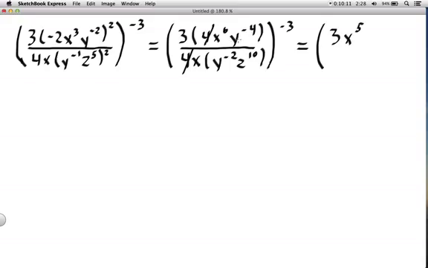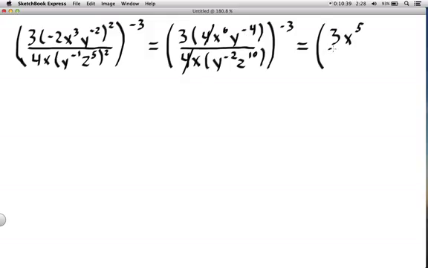Now, what we could do is move these negative exponents, switch places with them. But if we're careful, we can also just remember the exact property is that you simply subtract the denominator's exponent from the numerator's exponent. So we will have negative 4 minus negative 2 is negative 4 plus 2, which is negative 2 in the numerator.